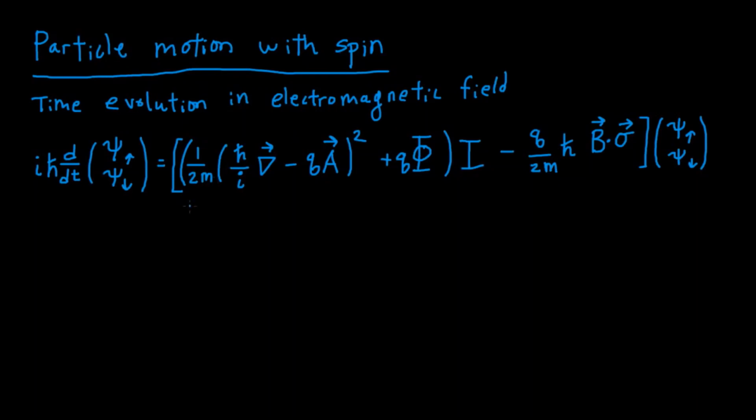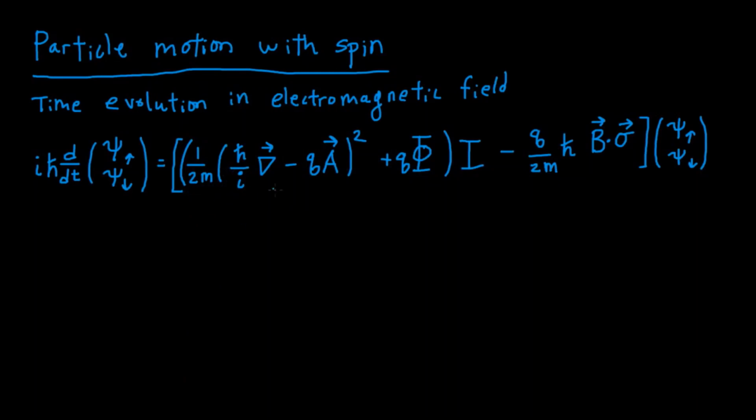Okay, so now it's finally time to look at this crazy term, right? If this term governs how the spin of the particle changes in the external magnetic field, this term governs how the particle moves in an external electromagnetic field. So here we have, to start things off, 1 over 2m, where m is the mass of the particle.